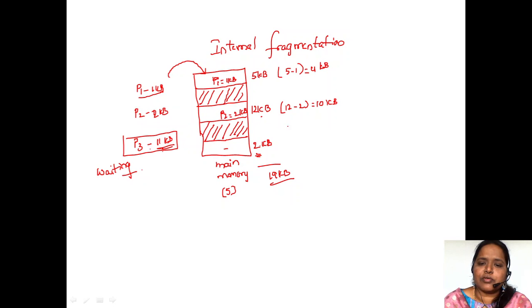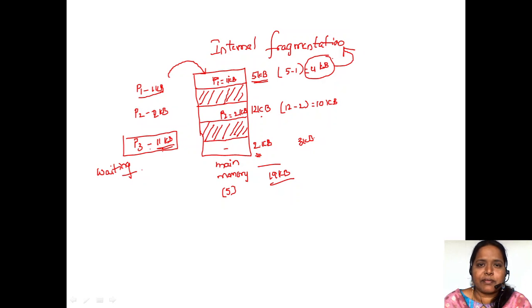So internal fragmentation, in the sense, here in place of 5 KB we are using only 1 KB. So this 4 KB we call internal fragmentation. Fragments are nothing but leftover spaces.